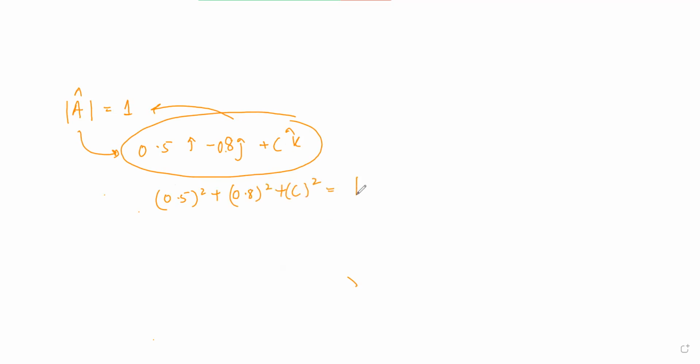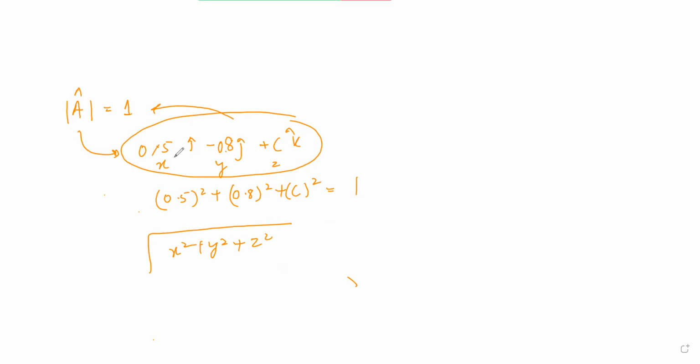Got it, everyone? So why are we squaring? Because if this was x i cap plus y j cap plus z k cap, we would have got the magnitude as the square root of x squared plus y squared plus z squared, no? We are finding the magnitude. Okay. Satvik, you got this?